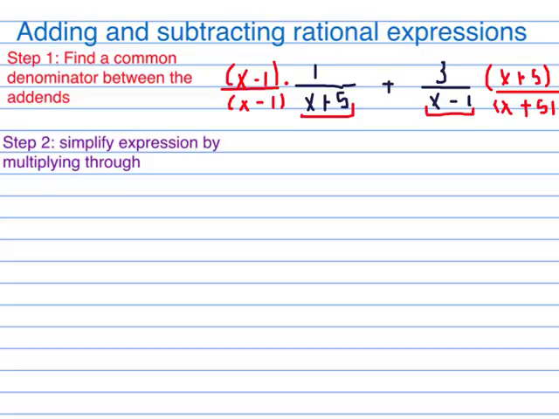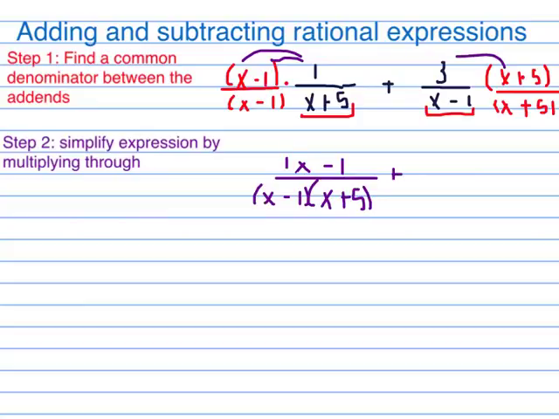So we're going to simplify the expression by multiplying through. I'm going to distribute that 1 through here, so I have 1x minus 1 over x minus 1 times x plus 5 now. That's my new denominator, which is what we wanted to do.